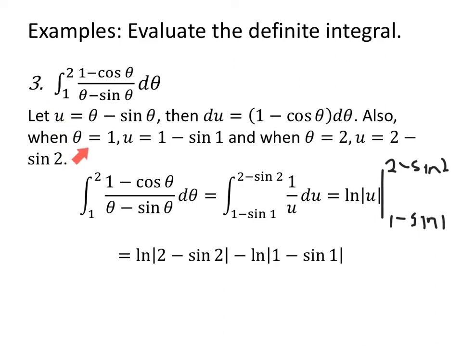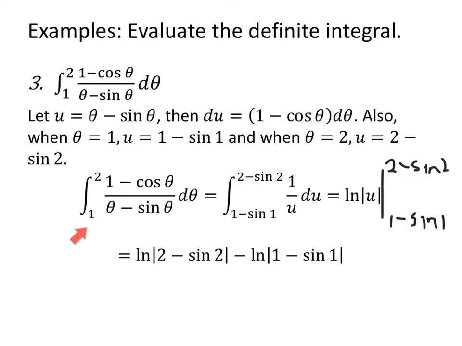When theta equals 1, u is 1 minus sine of 1. When theta is 2, u is 2 minus sine of 2. We will not use decimal approximations on our limits of integration. We'll use the exact values.